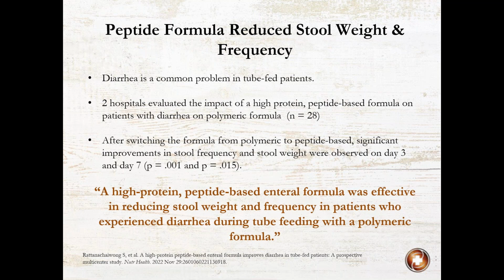So definitely having less frequency in stools, less weight, improves absorption. So again, they concluded that their high protein peptide-based enteral formula was effective in reducing the stool weight and the frequency in patients who had experienced diarrhea with a standard formula.